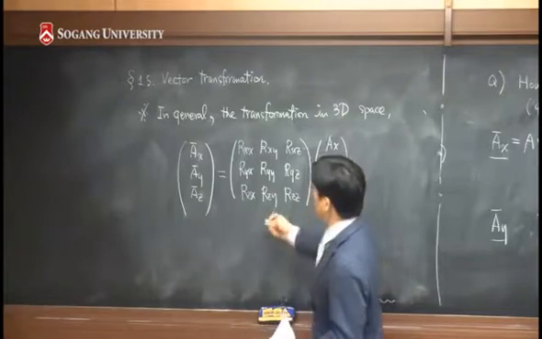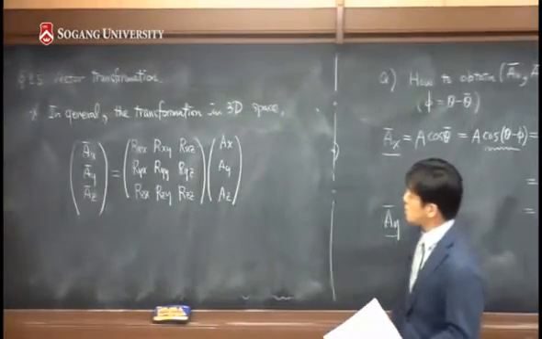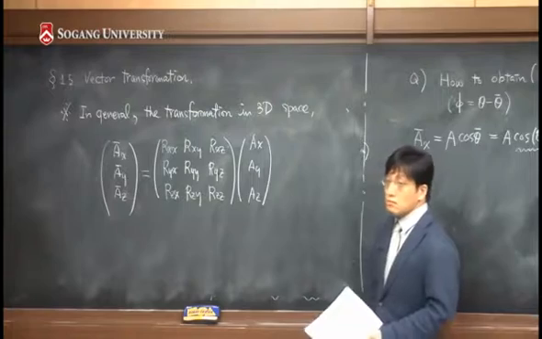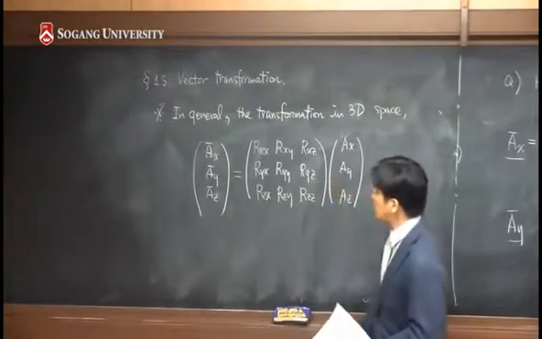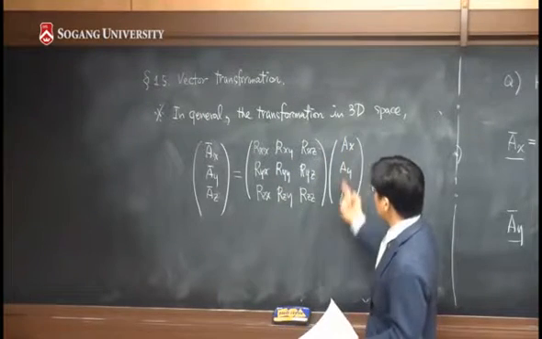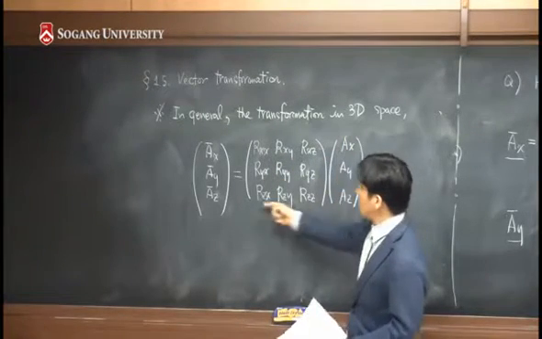And this big matrix multiplied to this vector will give a transformed vector like this, because they are multiplied in a way like this, and like this, and like this. Okay?